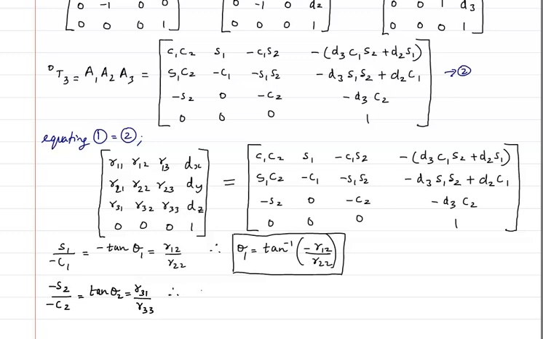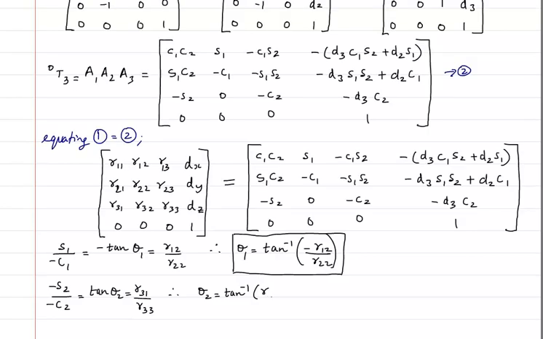Therefore, I straight away get theta 2 is equal to tan inverse of R31 by R33. That gives me the value of theta 2, the second link variable.